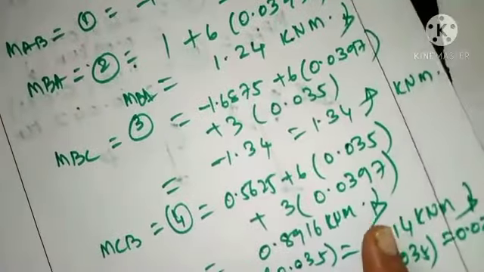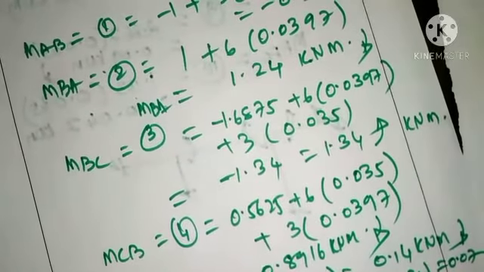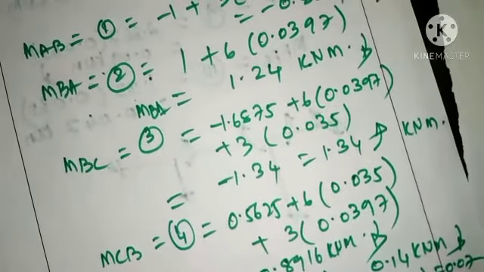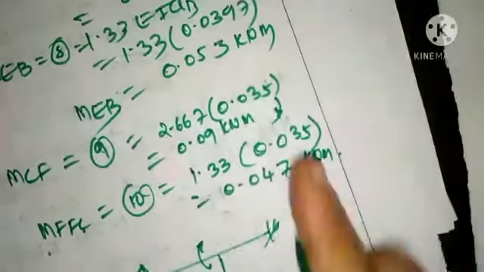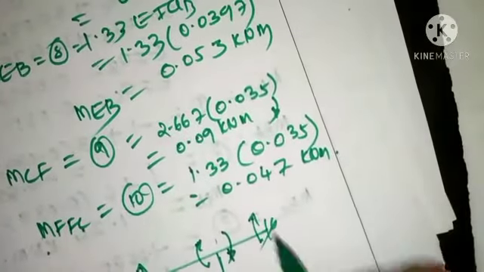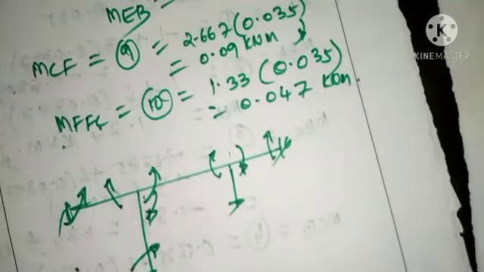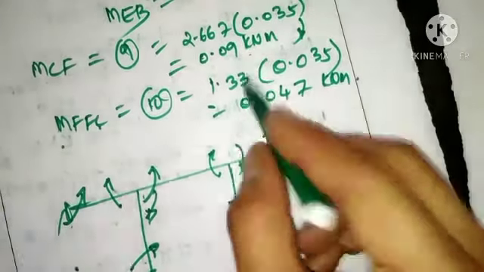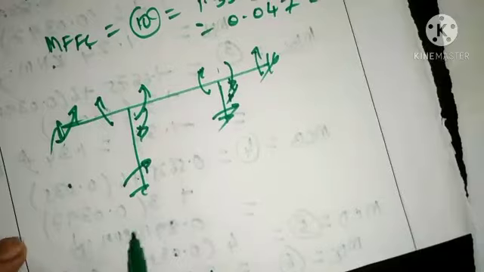So these are the values we are going to note down here. Similarly, MBE value is clockwise, MEB is also clockwise, and MCF value is again clockwise, and MFC value is in clockwise direction.